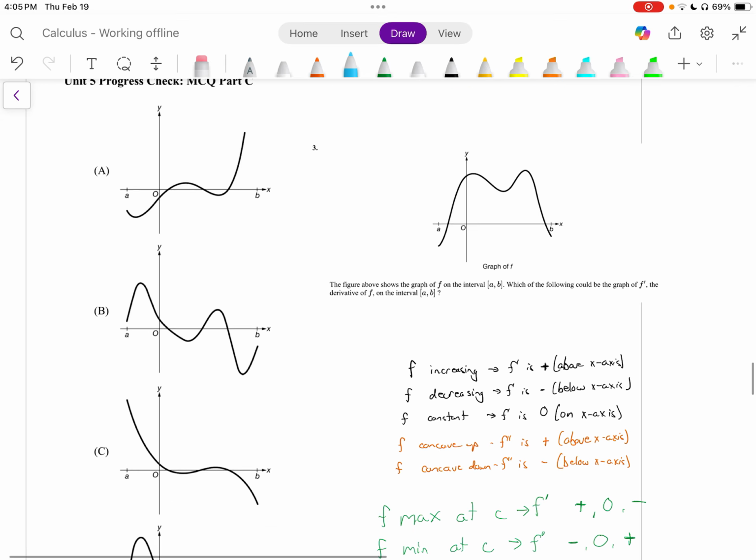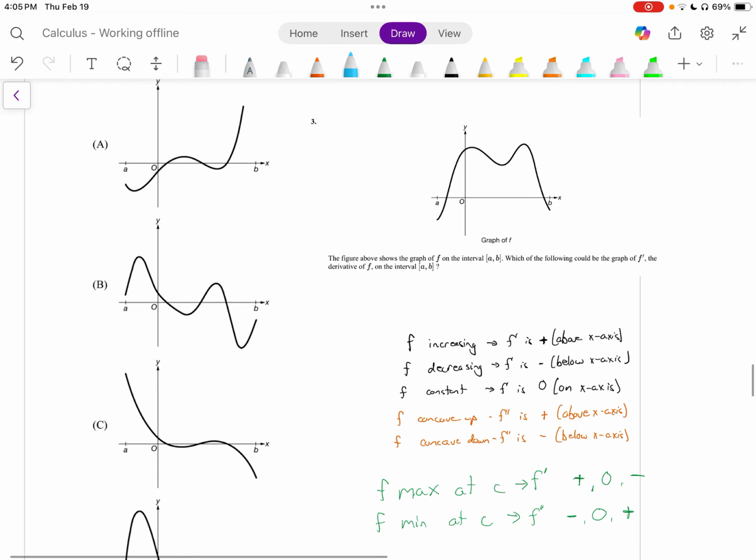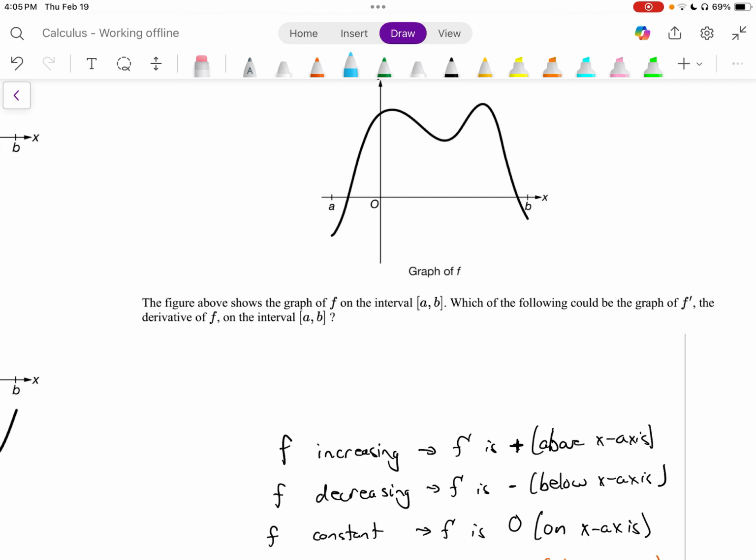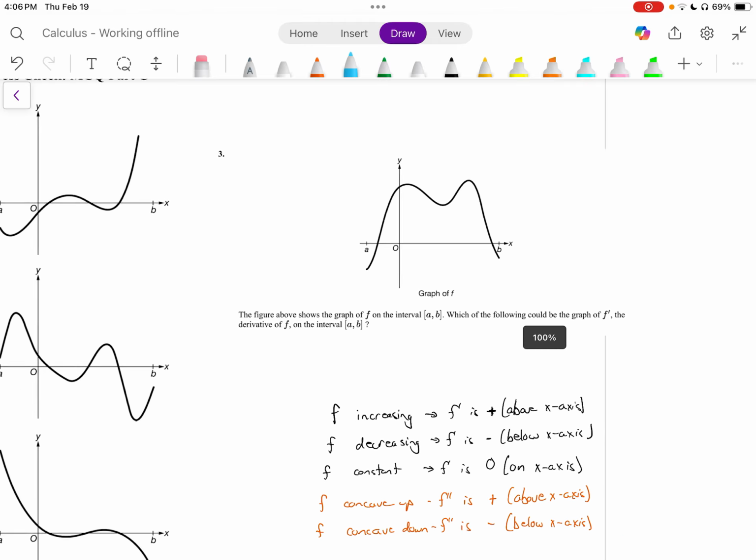All right, number 3, I moved to one page as well, put those same things down there. So this question says, the figure above shows the graph of f on the interval a to b. Which of the following could be the graph of f prime, the derivative of f on that interval a, b? Okay, so let's take a look here.